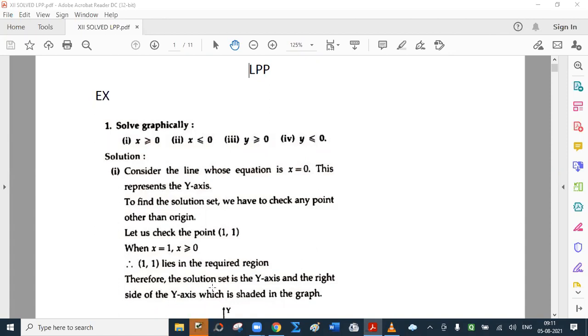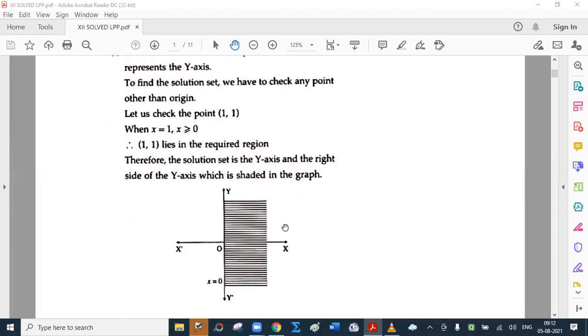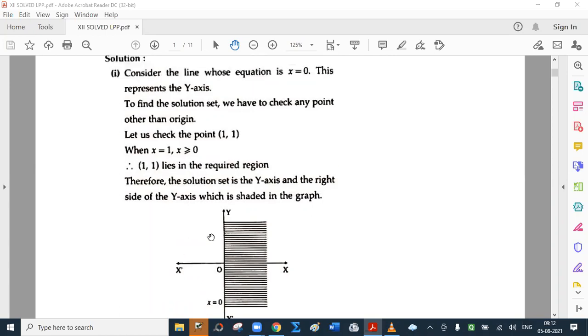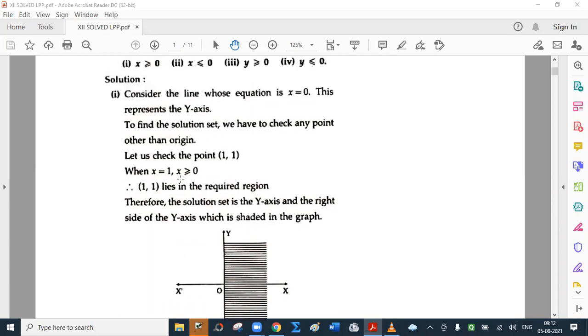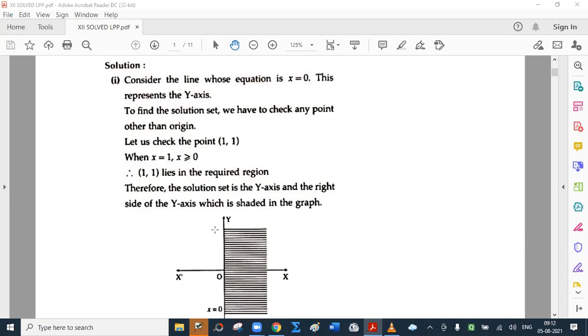Now, why is it said that the solution set includes the y-axis? Because it is not just x greater than 0. It is x greater than or equal to 0. Yes. Now, instead of (1, 1), you could have taken (-1, 0). I'll explain with that also. (-1, 0). Check. Is -1 greater than 0? No. This means the region which is to the left of the y-axis is not the graph.